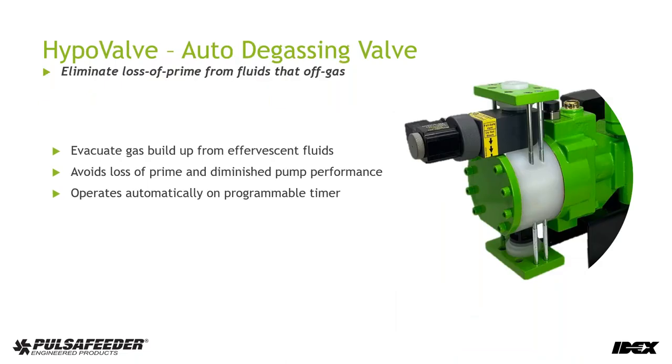The HIPO valve, the auto degassing valve. We've talked a lot about the hydraulic side of the pump. This has more to do with affecting the process side of the diaphragm. You recall that we've been talking about these features that make your pump efficient, improve mean time between failure, and avoid downtime.